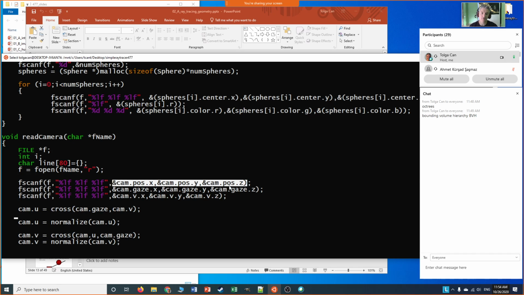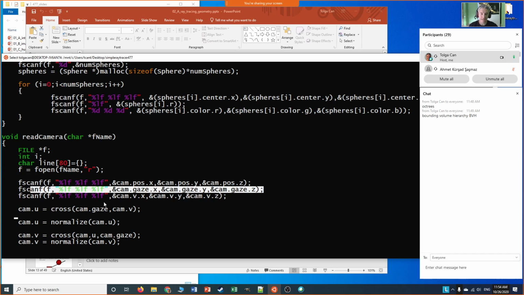The first 3 values in the camera file are the position of the focal point, the eye. The following 3 floating point values are the gaze vector where we are looking, and this is the up vector, which is, as I said, not necessarily given orthogonal to gaze.